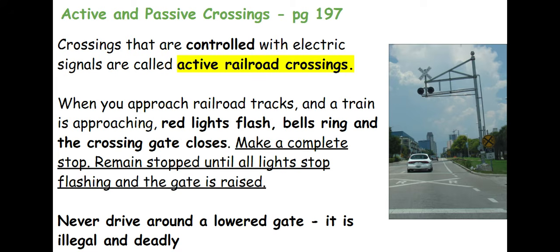It takes about 1.5 miles for a moving train to come to a complete stop. And by the time you get those red lights flashing and bells ringing, the gate coming down, that train could be anywhere between 20 to 30 seconds from the crossing. So its intention is not to stop. It signals for those gates to start actively warning you about its approach. So you will never, never drive around a lowered gate.